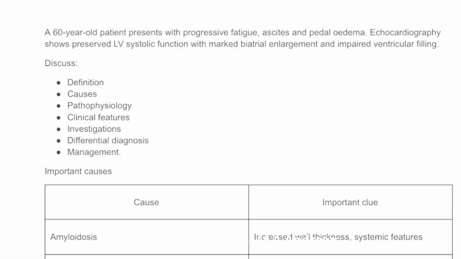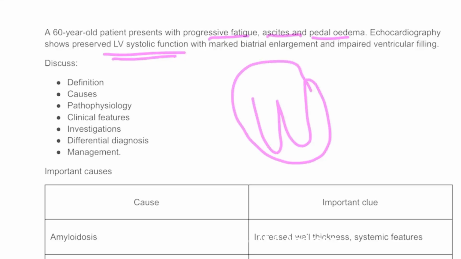A 60-year-old patient presents with progressive fatigue, ascites, and pedal edema. Echo shows preserved LV function, systolic function normal. So what are the abnormalities? The patient's LV function is normal, but there is biatrial enlargement.